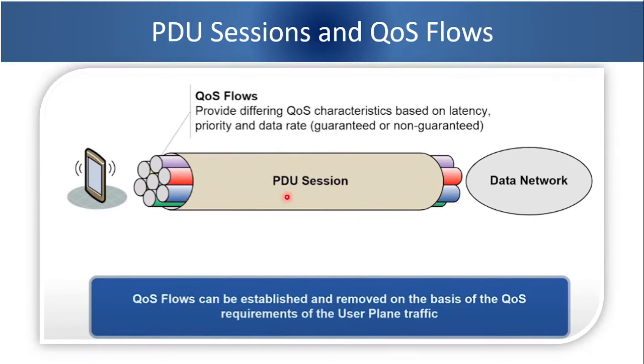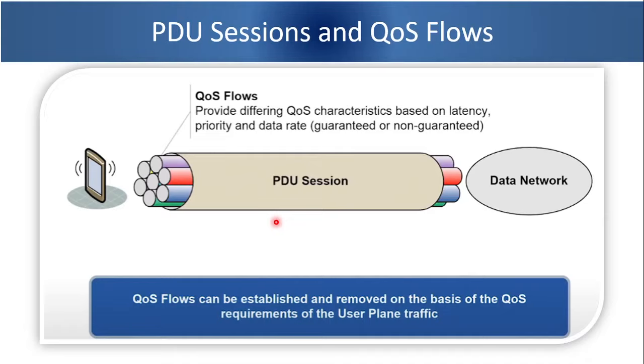So the PDU session will contain n number of QoS flows having different QoS flow IDs. Some could be guaranteed, some could be non-guaranteed, and they will flow onto the same PDU session.